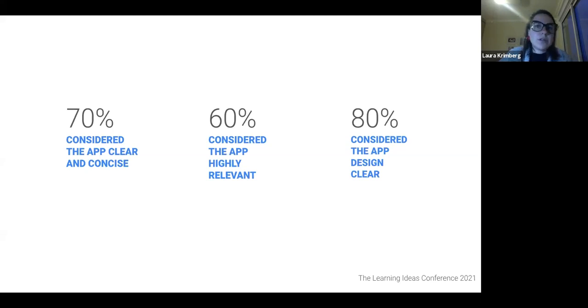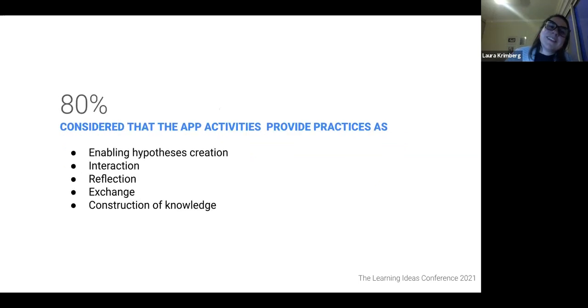So in general, these are good numbers for us because we have a lot of professors from different fields, so maybe some of them had knowledge in mobile devices, some of them don't. So it's really nice to see that all those contents we put on it were concise, and the app design clear, and also the relevance.